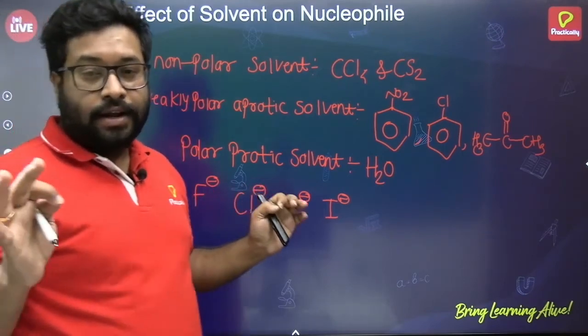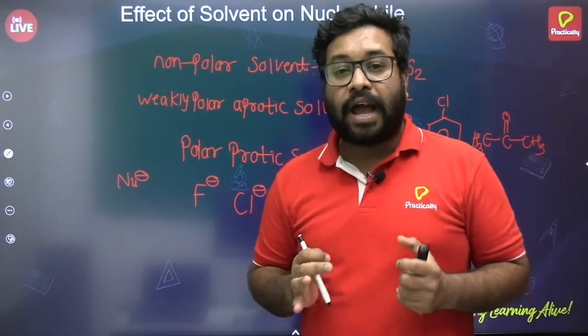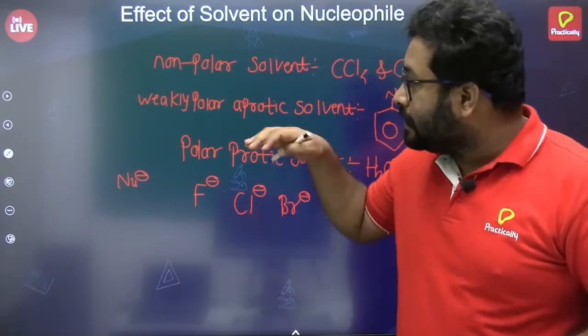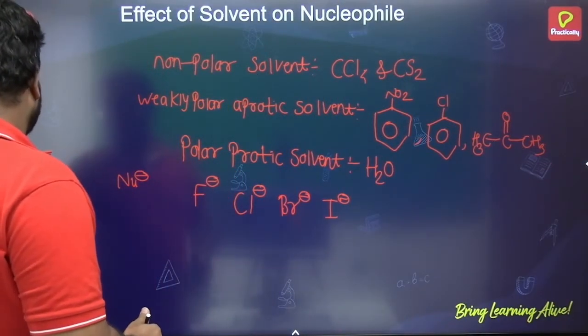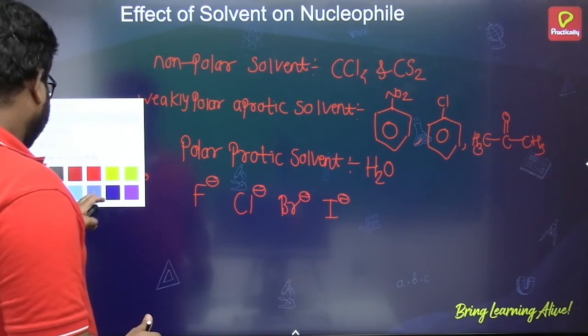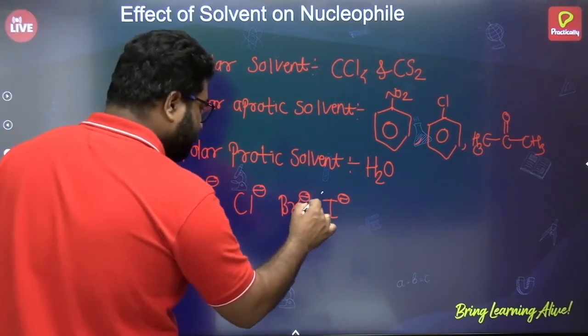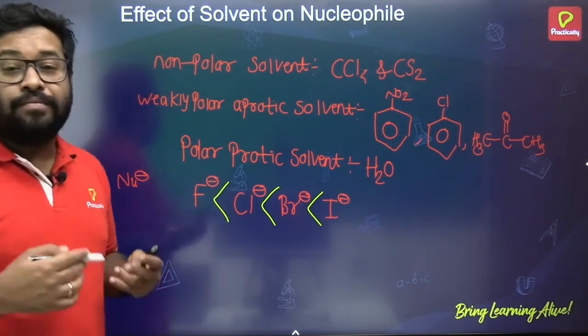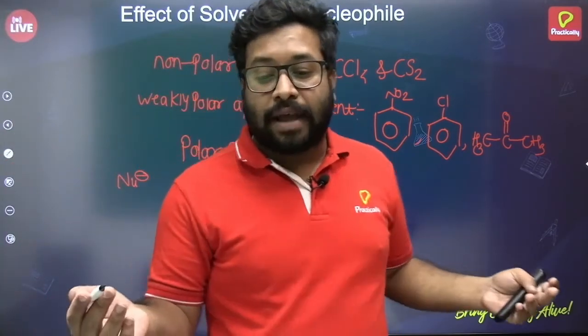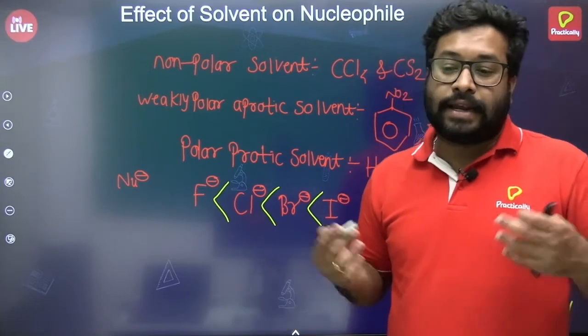The order shown by these nucleophiles in this solvent would always be this one. Iodine would be most nucleophilic, then Br minus, then Cl minus, and then F minus.